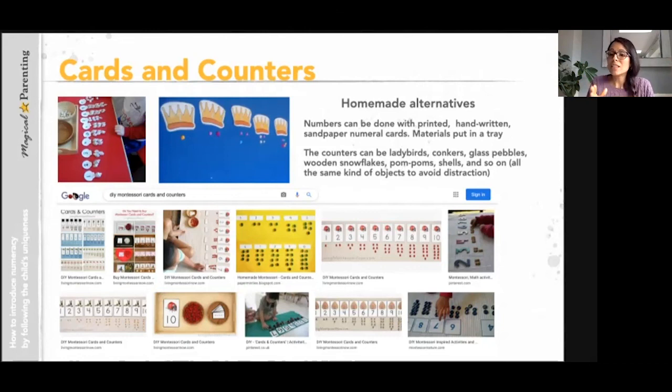No? Okay, so as I said before, once the child knows how to match quantities correctly and knows what the symbols mean, and can recognize all the symbols from 1 to 10, then we can do all sorts of activities. And we can learn everything. I work with children that are not even 4 years old, but it depends again on their skills and abilities and how much they've been exposed to all this.